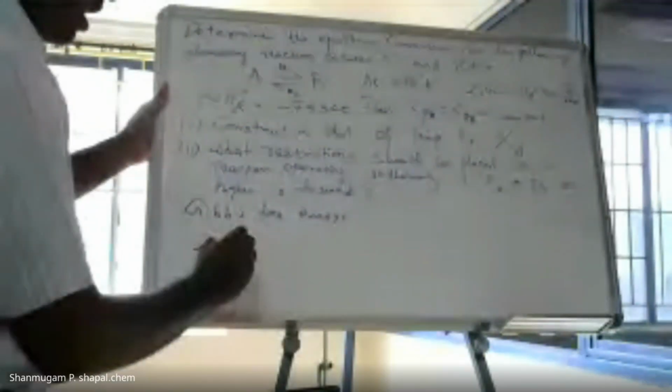Here we know the delta G, so from this we can find K. Here the temperature is given, so at this particular temperature the Gibbs energy is this.